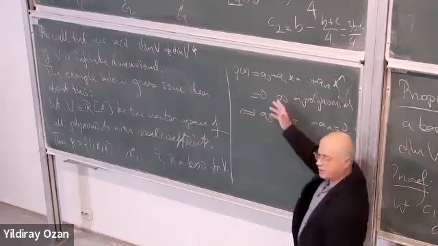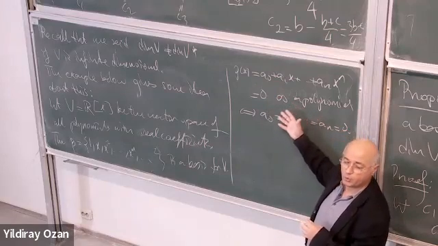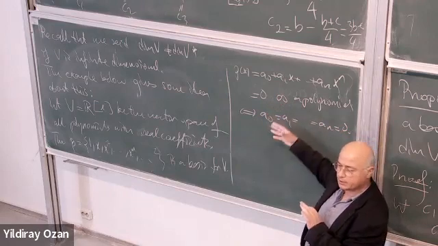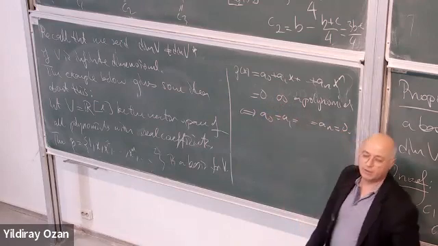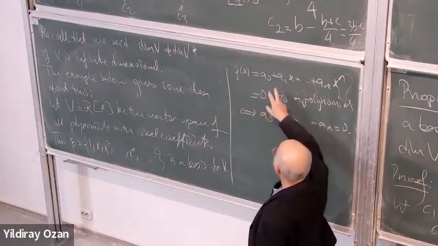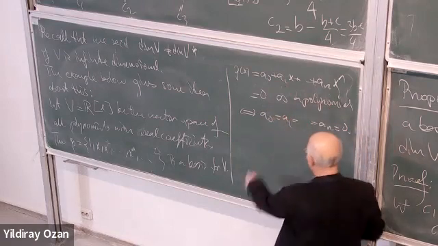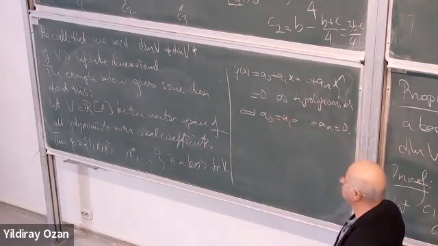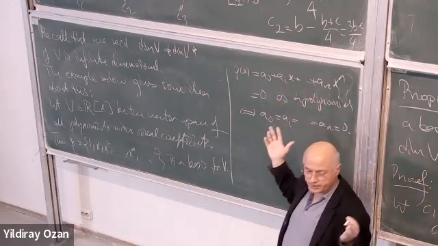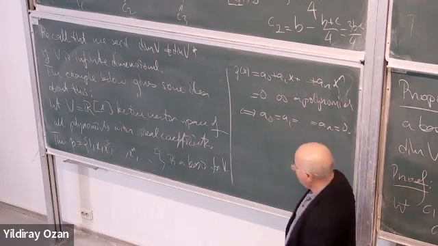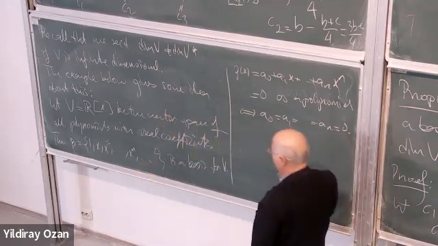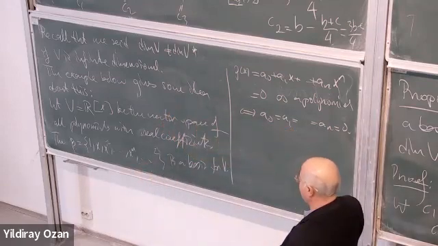This is a fact from the construction of polynomials, which we haven't actually done, but just take this as a fact. A polynomial is 0 if and only if all coefficients are 0. Therefore, these elements are necessarily linearly independent, so this is a linearly independent set, and therefore it's a basis.